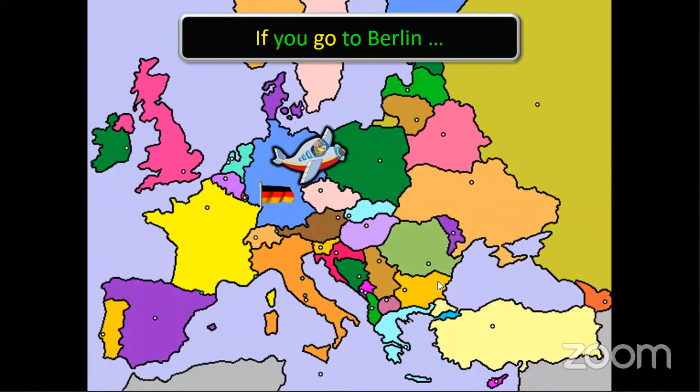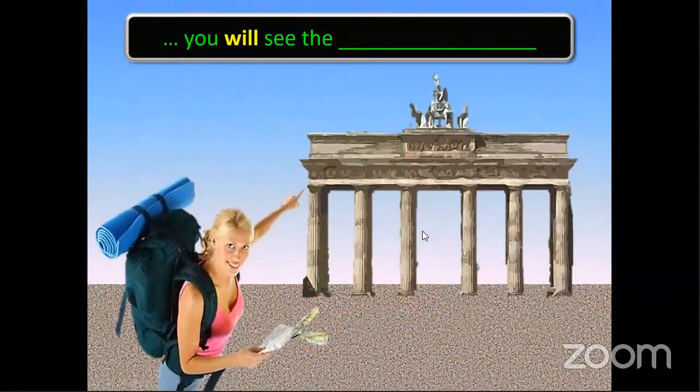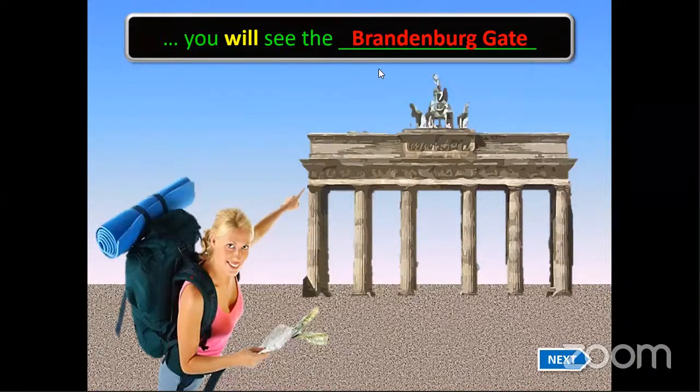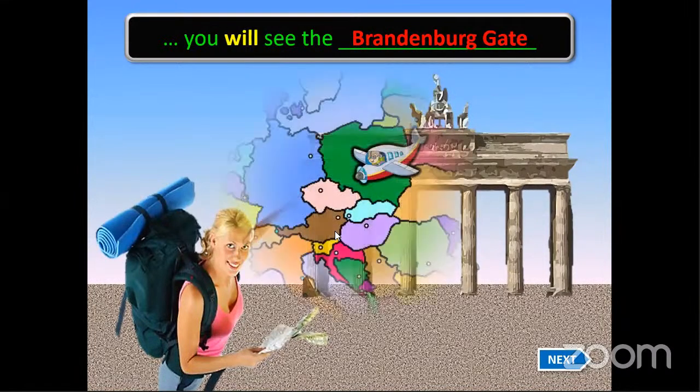If you go to Berlin, si vas a Berlín, you will see the Brandenburg Gate. Well, I can't pronounce this one because this is not English. It's pretty different from English. I don't know if it's a good pronunciation, but this is the consequence clause with future.